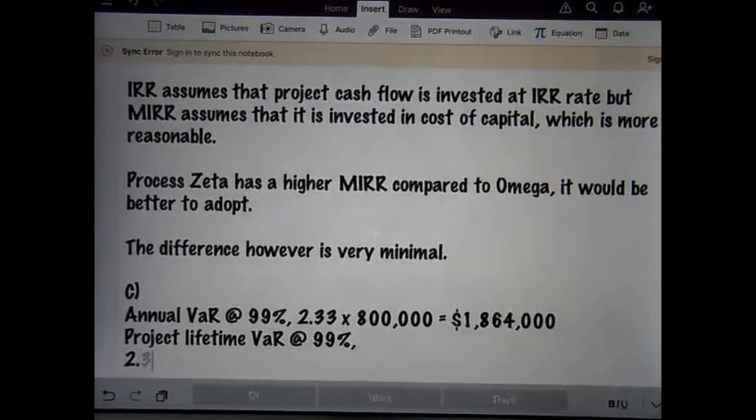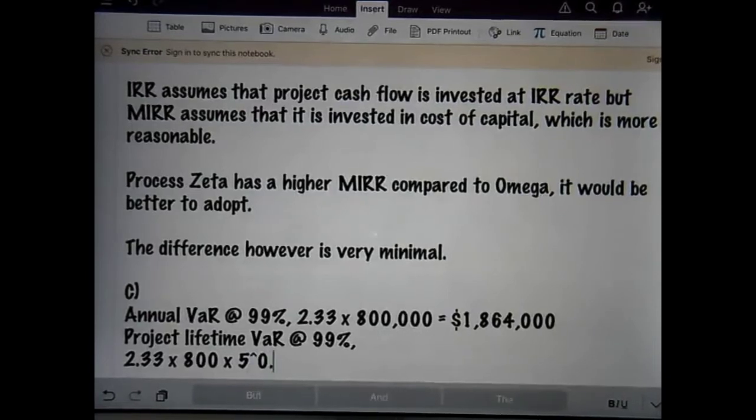This is going to be 2.33 times 800,000. I'll just put 800 lah. Times how many years project? 5 years. Square root 0.5.